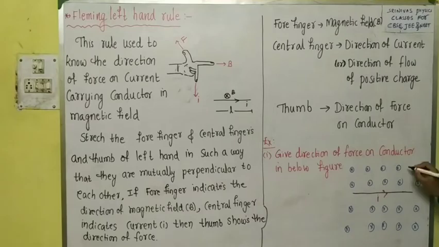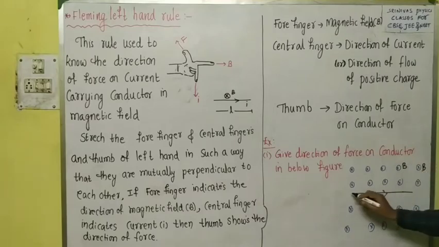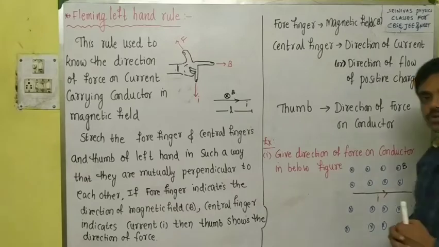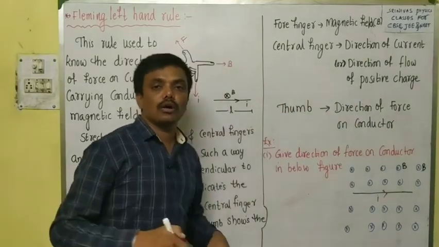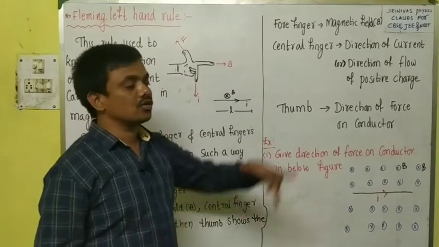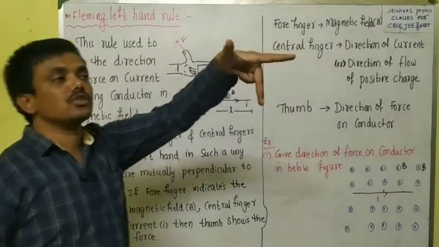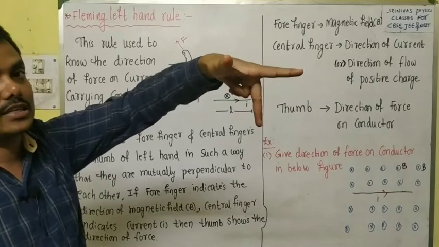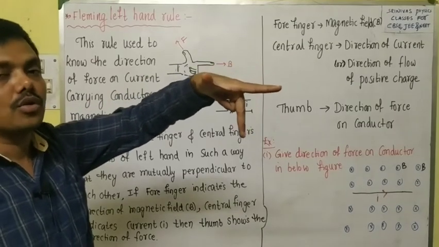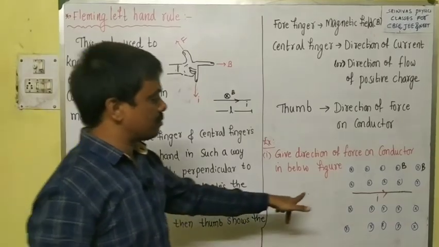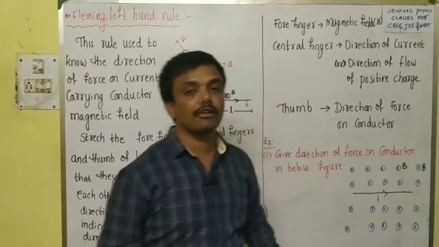Look here, this is the figure. This current-carrying conductor is placed in the magnetic field, so it will experience a force. Now how do we tell the direction of the force? To find the direction of the force, you have to use the Fleming left hand rule. First stretch the fingers like this. The direction of the current we know, and the direction of the magnetic field you know.